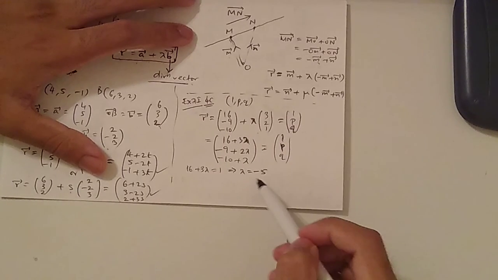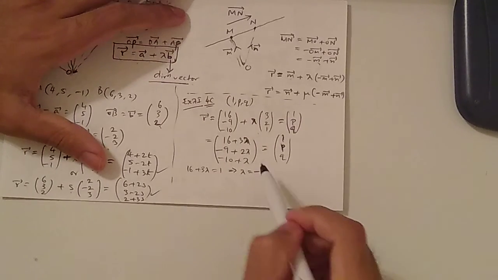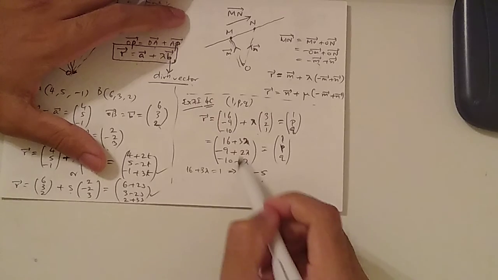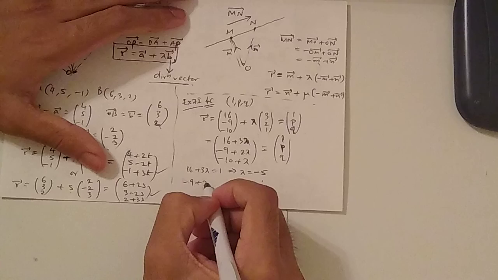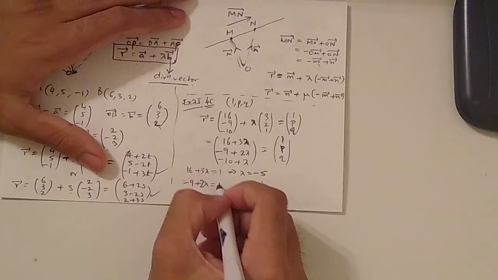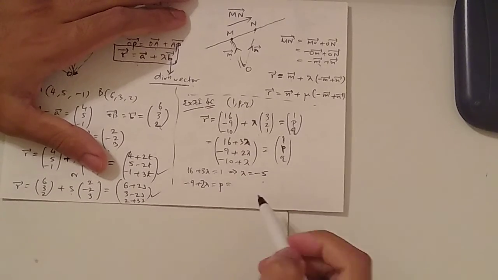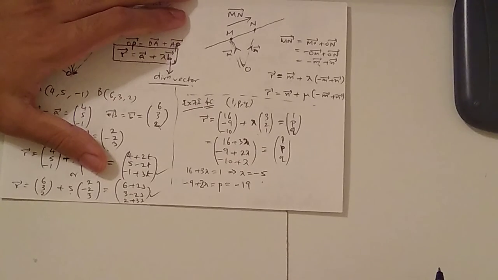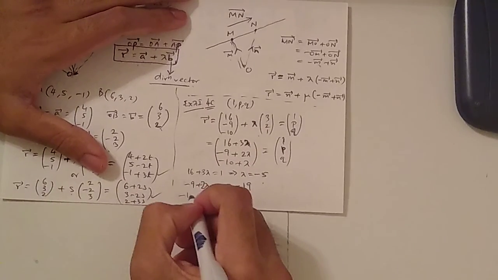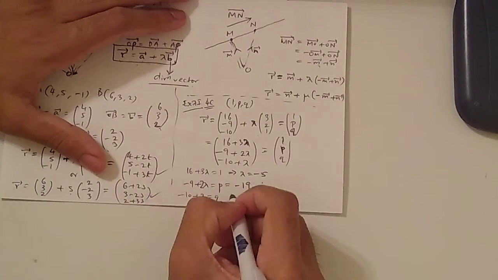Now once you get lambda equals minus 5, substitute this into the remaining two equations to find the other components. Minus 9 plus 2 lambda equals p. Substitute lambda equals minus 5, you get p is equal to minus 19. And then minus 10 plus lambda equals q.